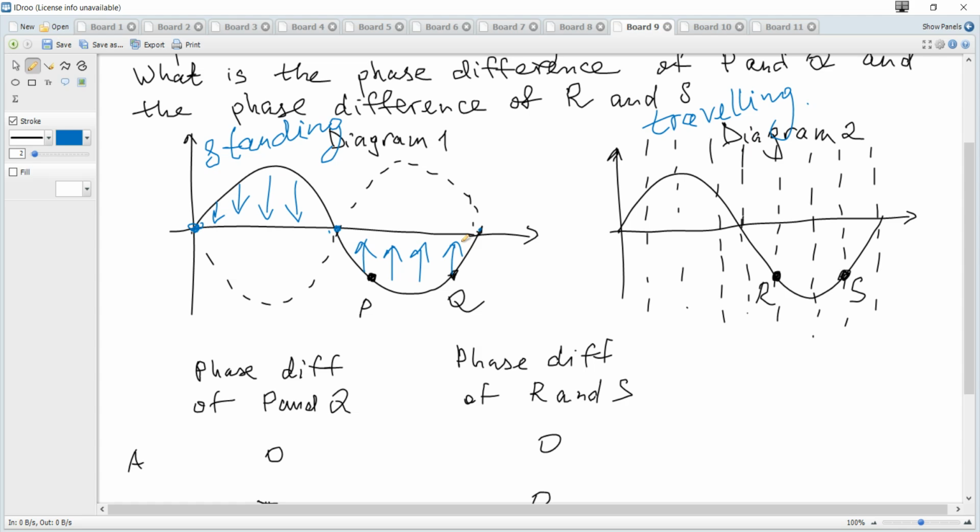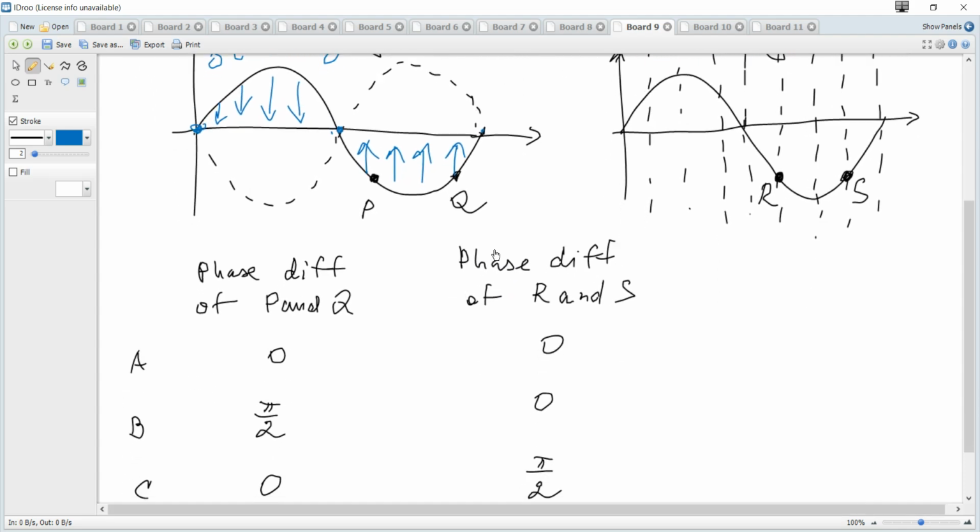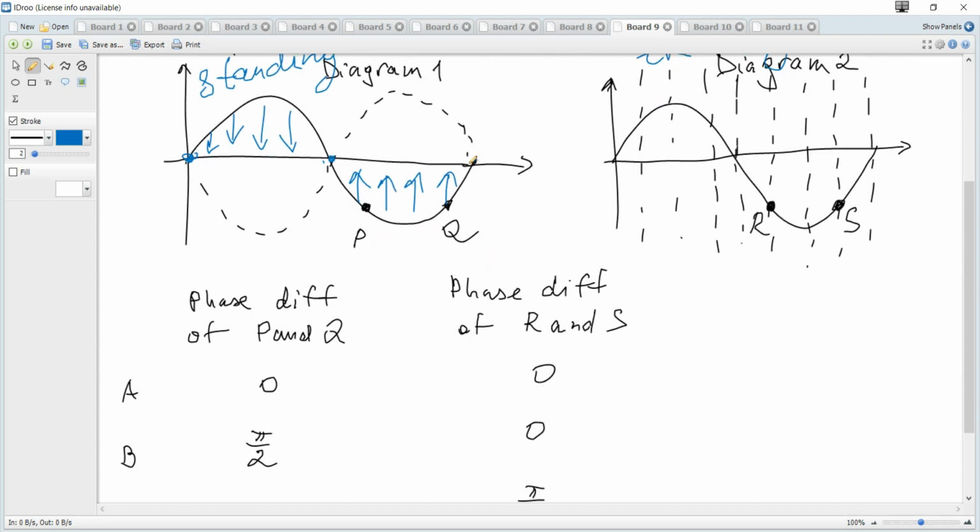So all particles for standing can be either in phase or anti-phase. All these particles within 2 consecutive nodes are in phase, but a particle here and a particle here will be in anti-phase, or phase difference is pi or 180 degrees. So the phase difference for P and Q is 0.